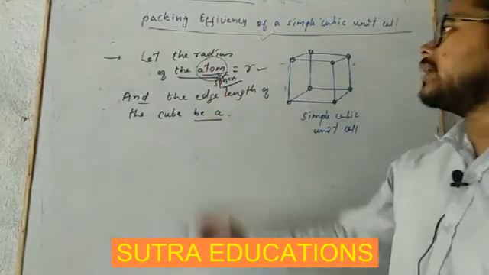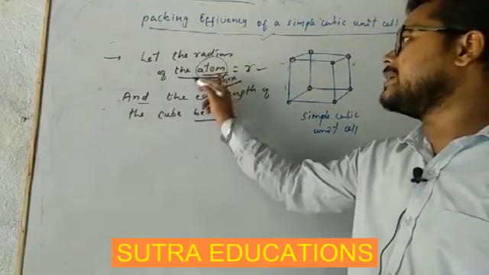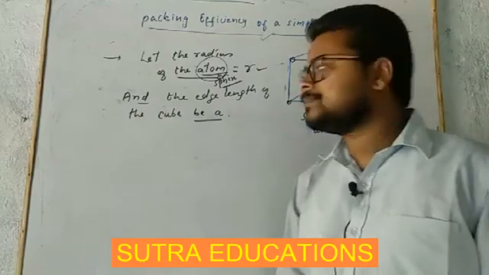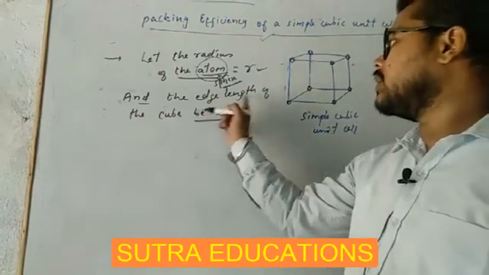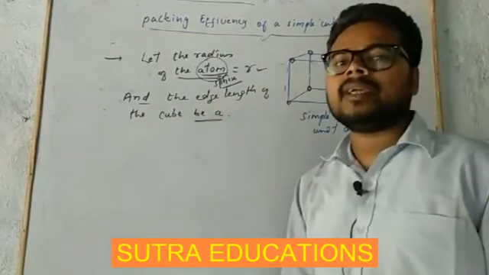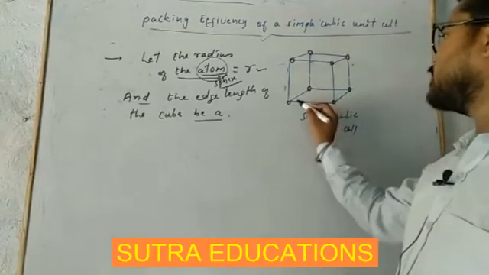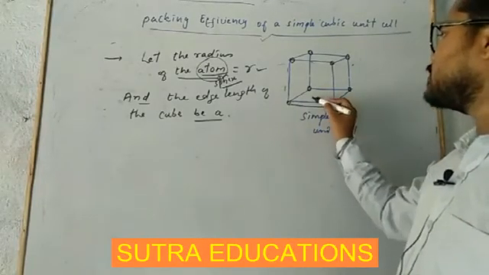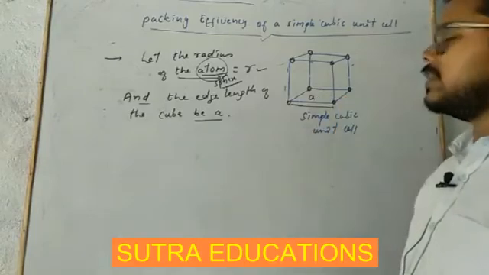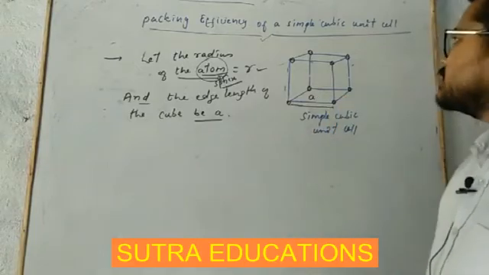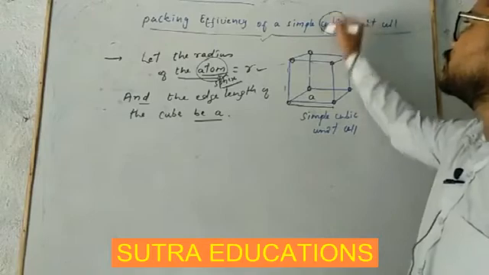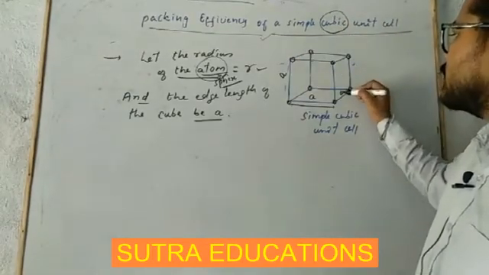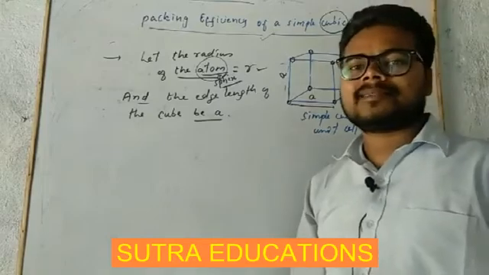And the edge length of the cube is a. We have supposed this is a. Since it is a cubic unit cell, all of the edges are a in this case.